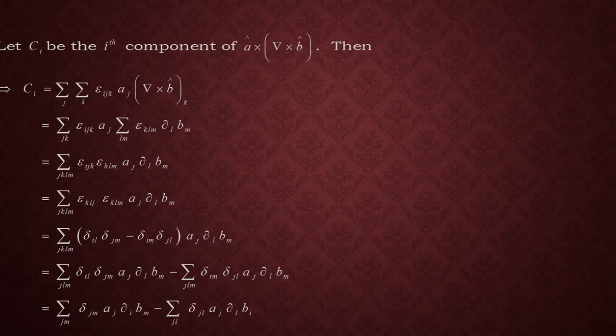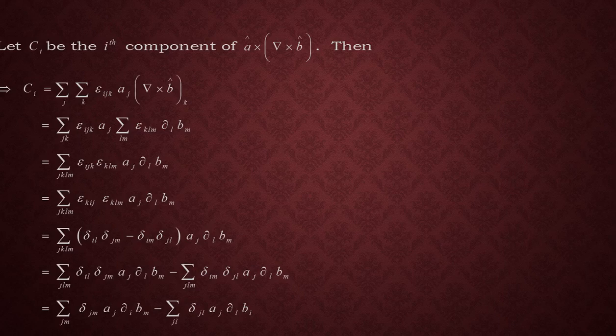If we replace epsilon suffix ijk with epsilon suffix kij, the ith component C suffix i of A cap cross curl B cap becomes C suffix i equals summation over jklm epsilon suffix kij epsilon suffix klm a_j dou_l b_m.